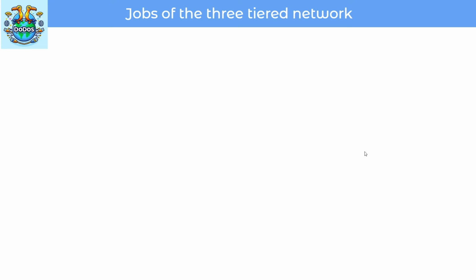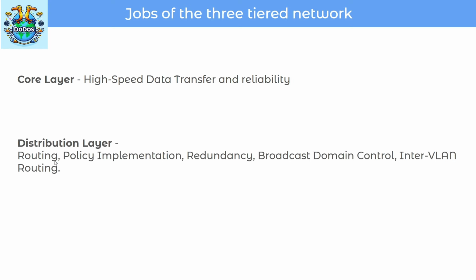So here are the common jobs of the three-tier network. High-speed data transfer and reliability is the job of the core layer. The distribution layer's job is routing, policy implementation, redundancy, broadcast domain control, and inter-VLAN routing.